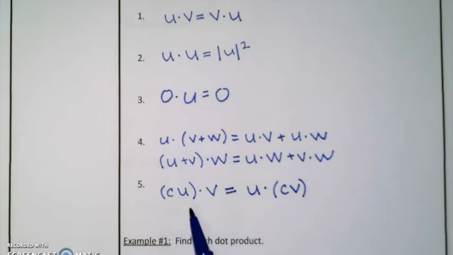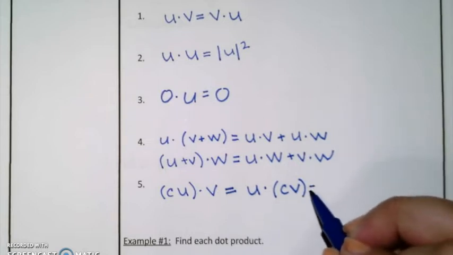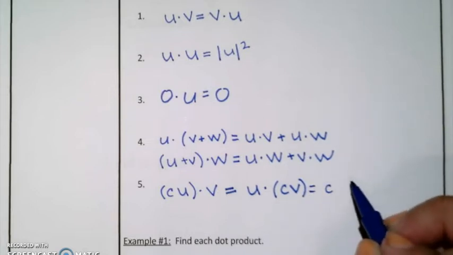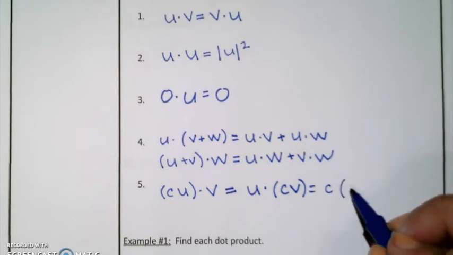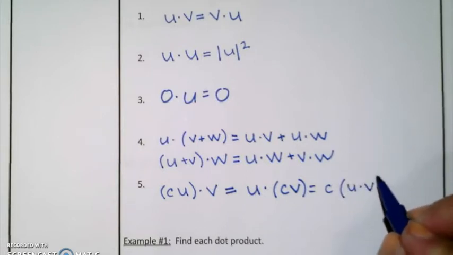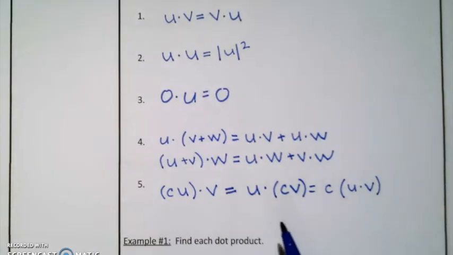So it doesn't matter which vector you apply the scalar factor to, whichever one you multiply by that constant, you'll have the same answer, and that's the same as if you multiply the scalar or the multiplier and do the dot product first. So it doesn't matter which order you multiply that constant.